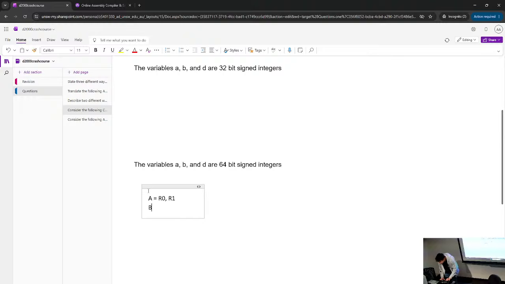Let's say B is equal to R2 and R3. And let's say D is equal to R4 and R5.